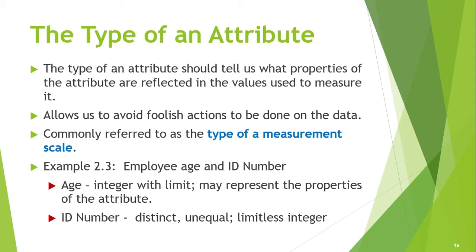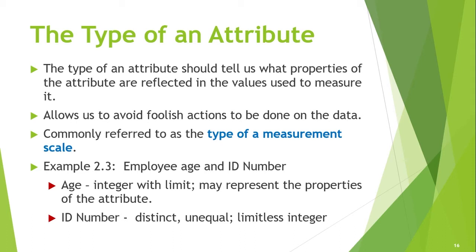So, kapag age, pwede nating alamin, halimbawa sa kumpanya natin, yung average age ng mga empleyado. Pwede yon. Pero ID number, pwede mo bang kunin yung average ng ID number? Para saan? Wala, 'di ba? Pwede mo nga pagpalit-palitin ng ID number yan eh, kung gusto mo lang.